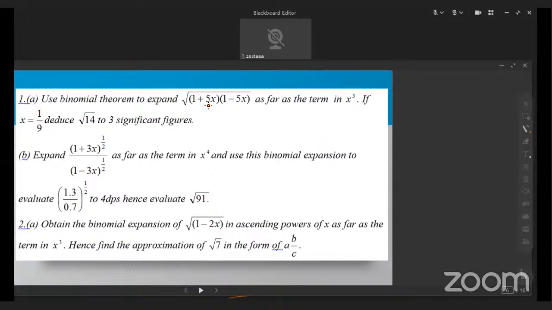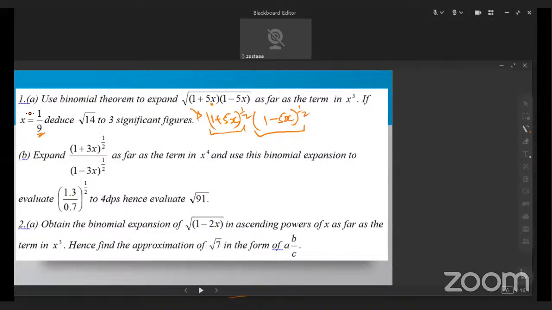When you have this one here, we know we are going to first put it in power half, 1 plus 5x power half, and 1 minus 5x power half. So you do separate expansions and then you multiply. Whatever you get, you're going to substitute into this.